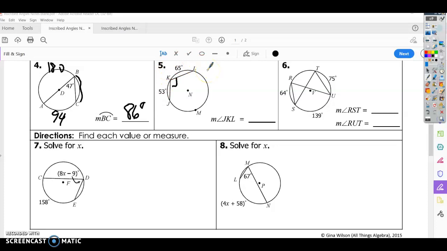So if we do 360 minus 65 minus 53, that gives us 242 degrees here. So all three of those together equal 360. And we know that this angle is half of the arc measure. So the angle is half of 242, so that would be 121 degrees.